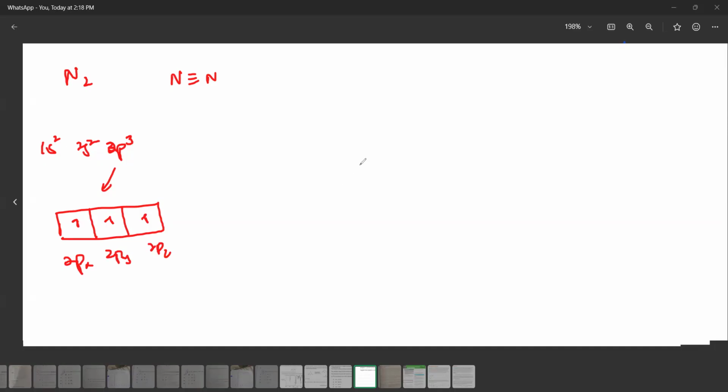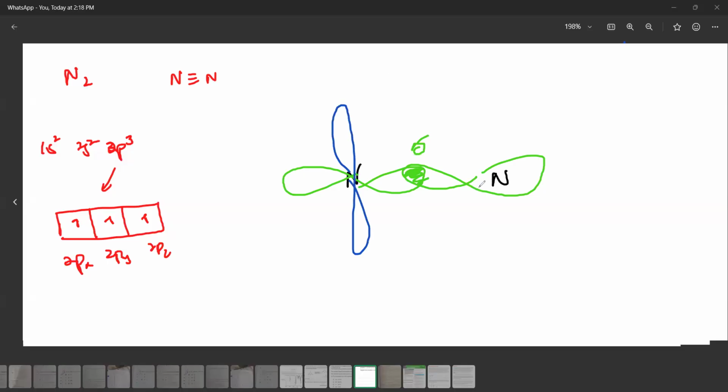So when we show nitrogen with nitrogen, let's say this is 2py and this is also 2py. They will completely overlap, so there will be a sigma bond. Then we have 2px, and if this is 2px and this is also 2px, they cannot overlap head on. The axes are parallel, so this will be a pi bond.